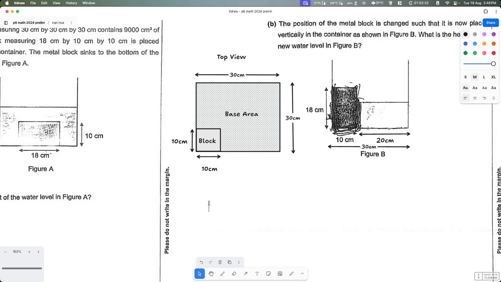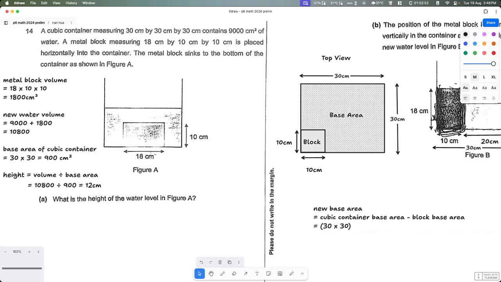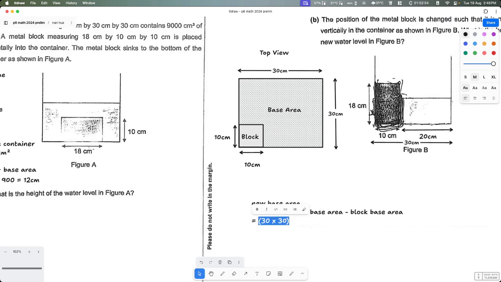The new base area is basically the cubic container base area minus the block base area, right? So in this case, 30 times 30, we have it already, 900. 900 minus, in bracket, the block base area, which is 10 times 10.